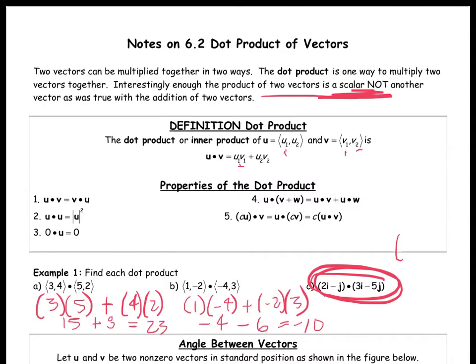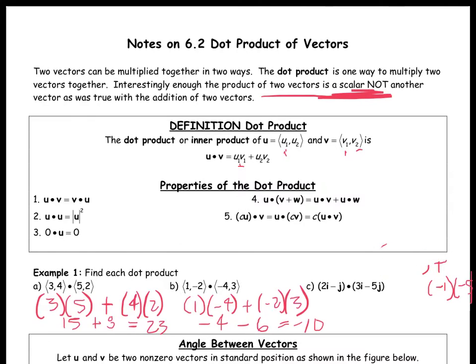I have 2i and 3i, so I multiply 2 times 3, your i components, as my first components, and add it to negative 1 times negative 5.